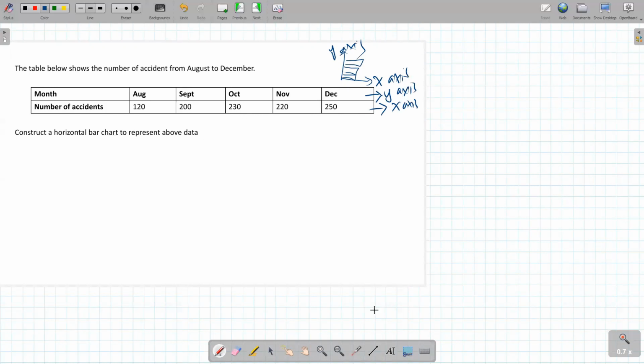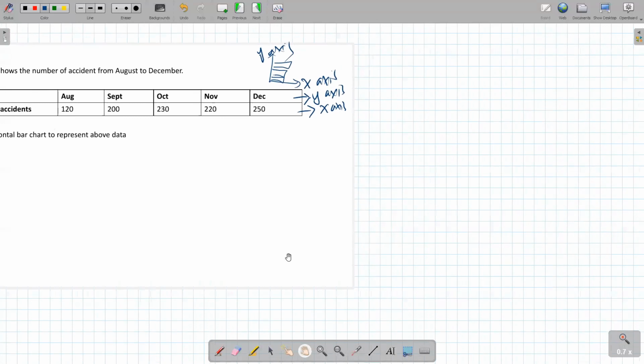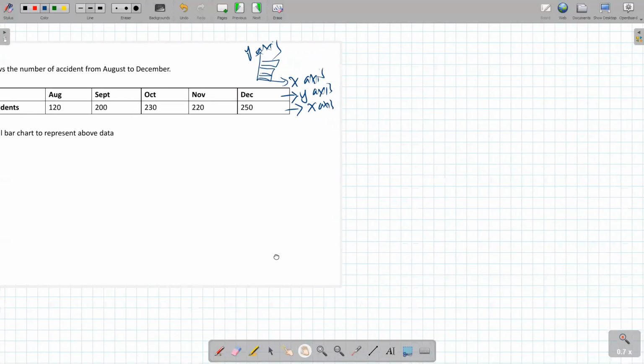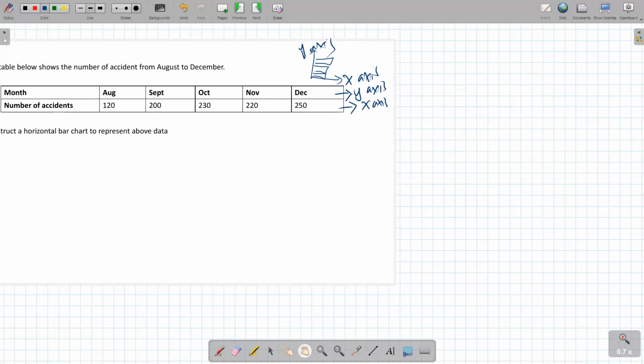Now let us draw the graph. We start with the axis. This is our y-axis.